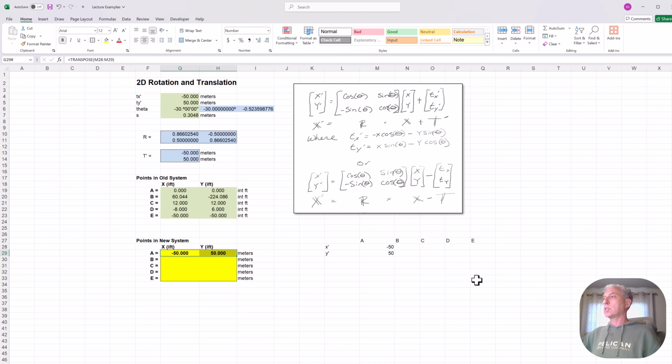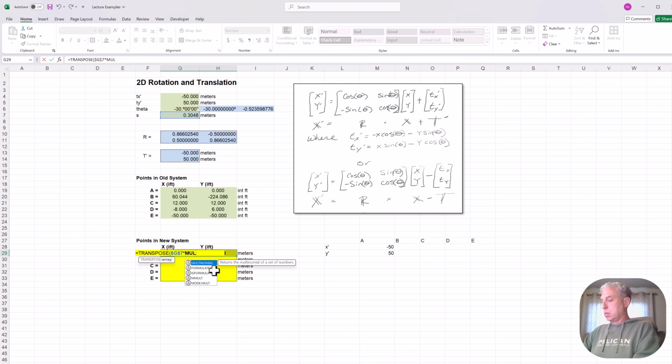And I could do this all in one step. I think I will. Give it a shot. So equals transpose, because I need the whole thing, right? Of S, make it absolute, because I'm going to keep referencing that cell, times the matrix product of R, hit F4 for absolute, comma, and my points, but it has to be the transpose of my points, right?